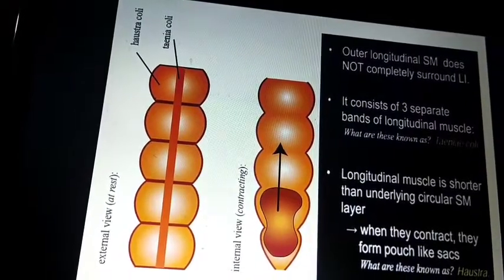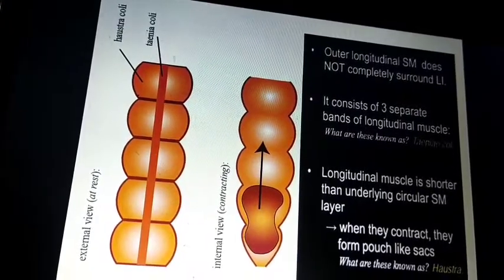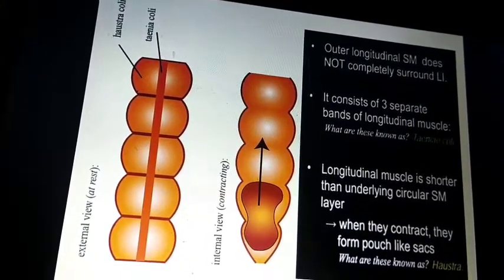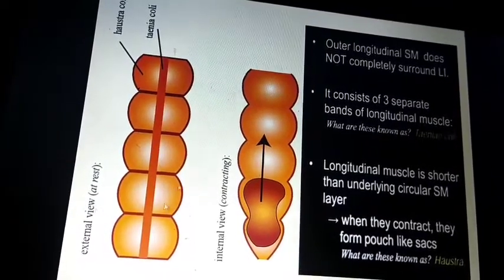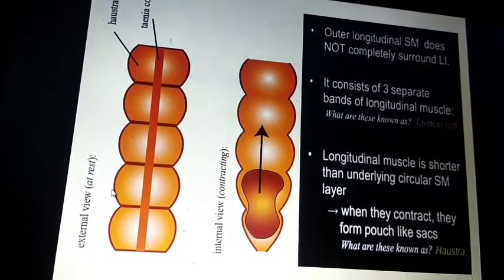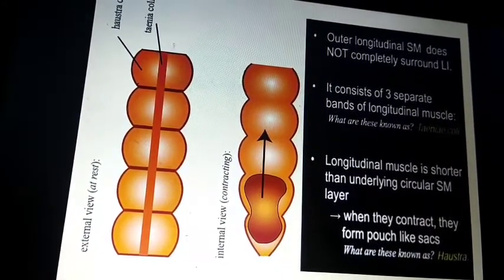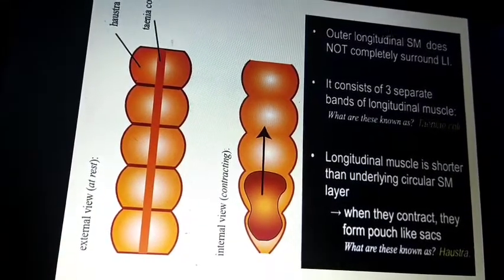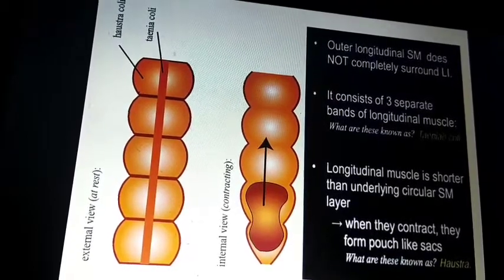These longitudinal muscles are shorter than the underlying circular smooth muscle layer. When they contract, they form pouch-like sacs, which are called haustrations or sacculations. Because the longitudinal muscle is shorter than the underlying circular smooth muscle, there is formation of sacculations.